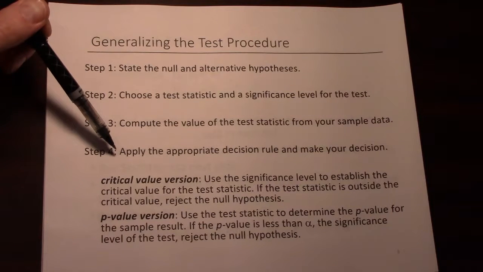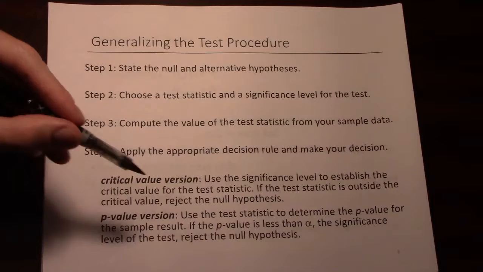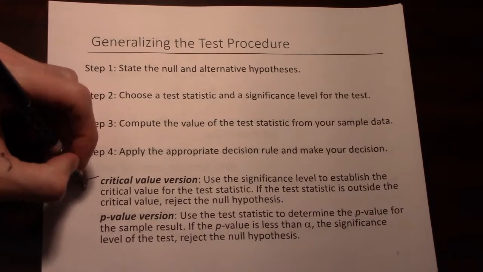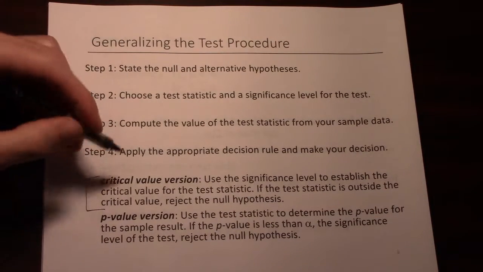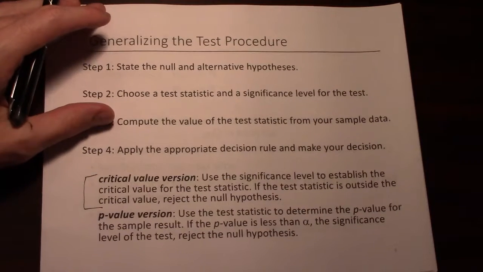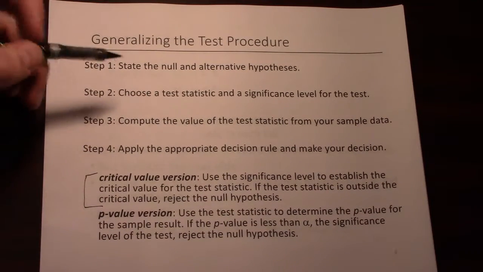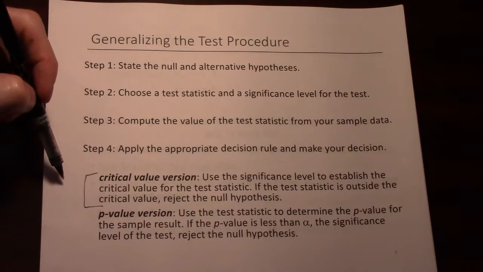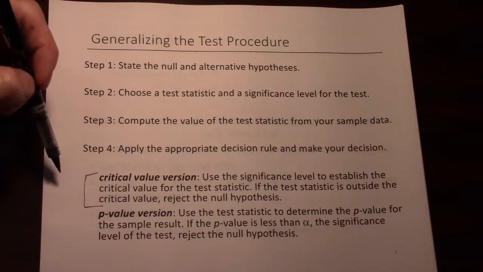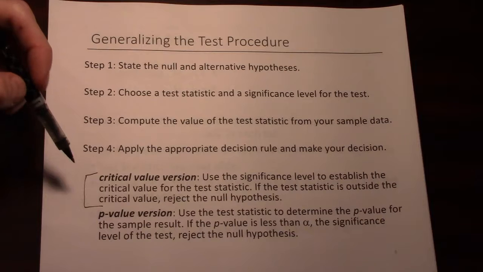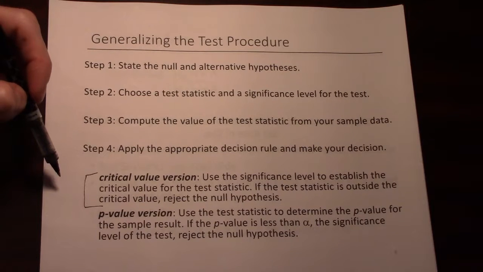And our decision rule can be made one of two ways. One way is the critical value version. In that case, depending on our significance level, we're going to find a z value that represents the cutoff for our rejection region.